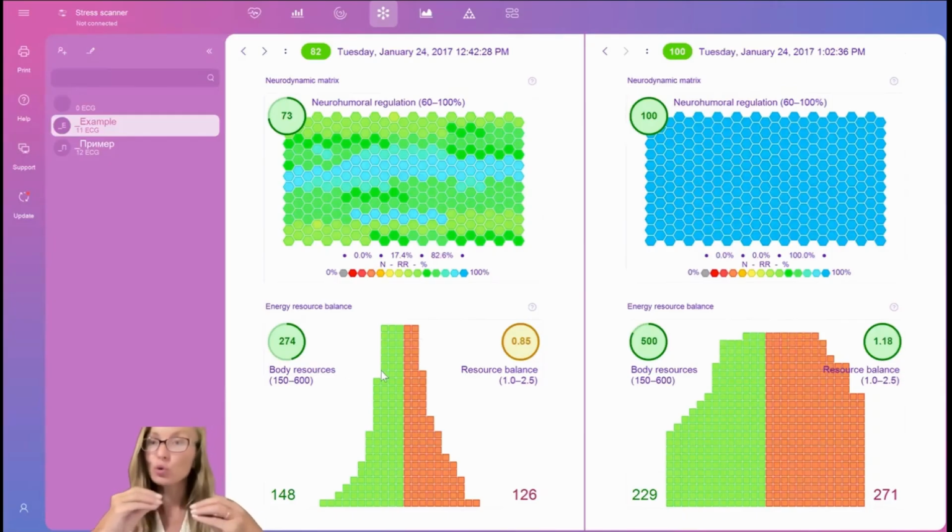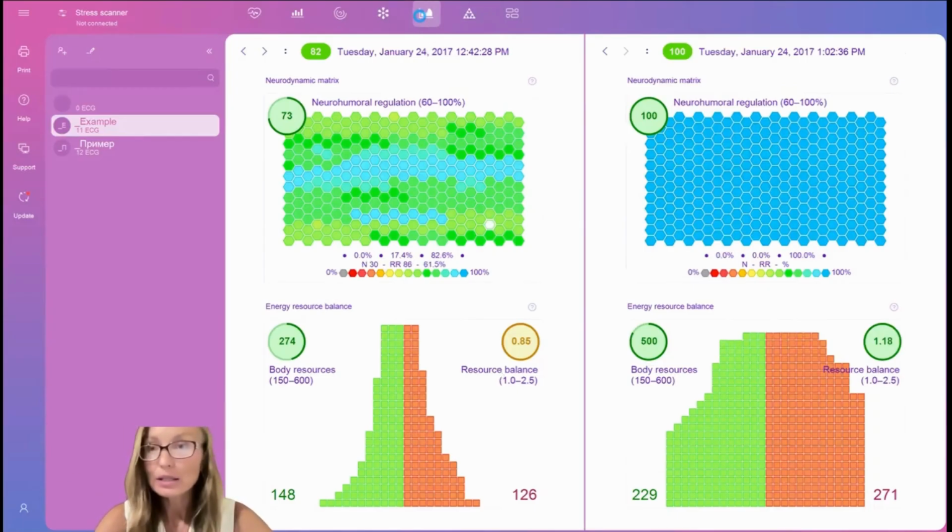How a person stores it is shown in green, and how they spend it is shown in red. And the most important thing is the balance between accumulation and expenditure. If it equals 1, it's ideal. If it's less than 1, as it is here, it means the person lacks a certain amount of energy for the whole day. If it's more than 1, on the contrary, a person can sleep for a few hours and work much longer, like a phone battery.